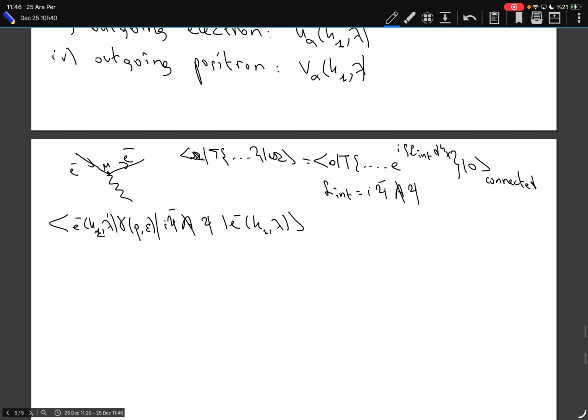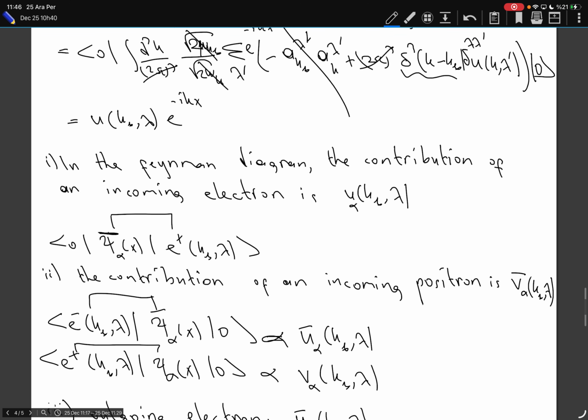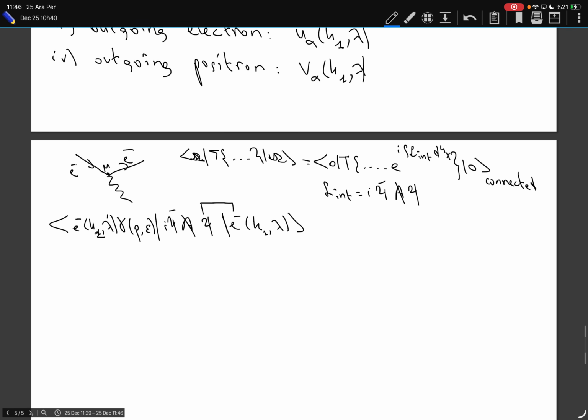Now, if I were to calculate this matrix element, I would contract psi, not psi bar, with the electron in the initial state. That will give me an incoming electron u. Now, these are matrices, so let me write the matrix components. An incoming electron will bring me a u beta.